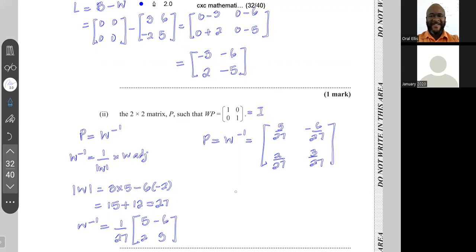So P is the matrix 5 over 27, 2 over 27, minus 2 over 9, positive 1 over 9. So this is the matrix P.